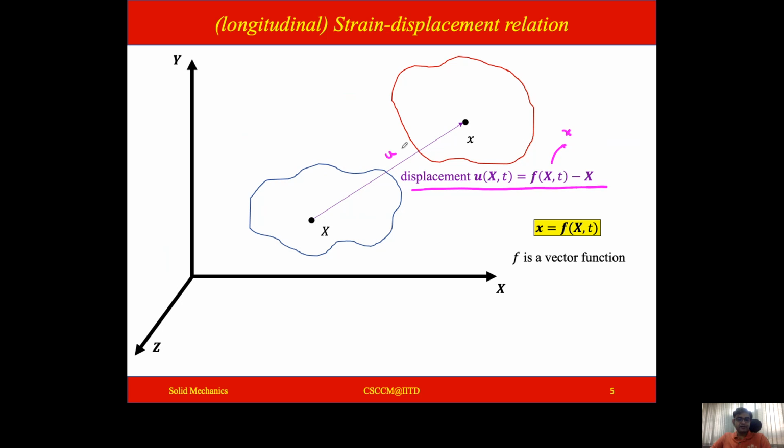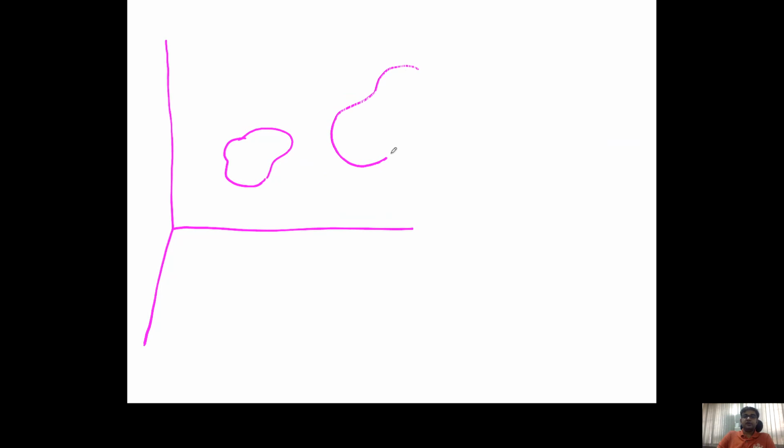So now let us go back, and then we will proceed further. Quickly let me draw the coordinate axis. This is the initial configuration, the reference frame. This is the deformed shape.